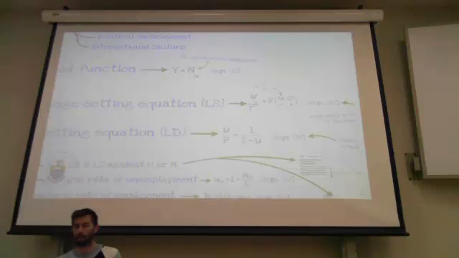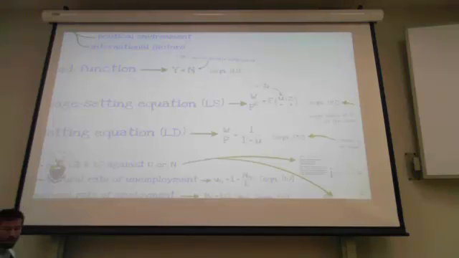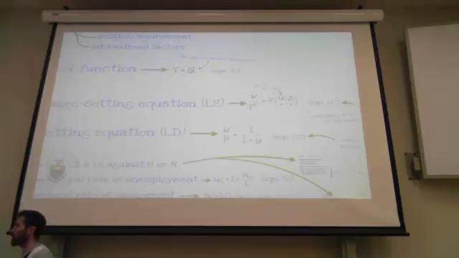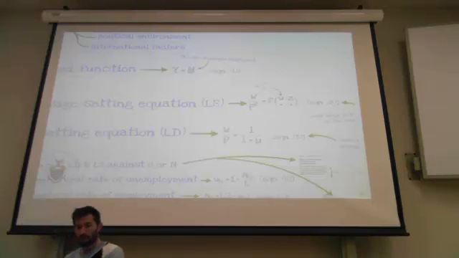N is the number of people employed. U would be the number of people unemployed. So output is simply equal to the number of people employed. Each person that you employ can produce 1 unit of output. There is no diminishing marginal returns. That was our production function.